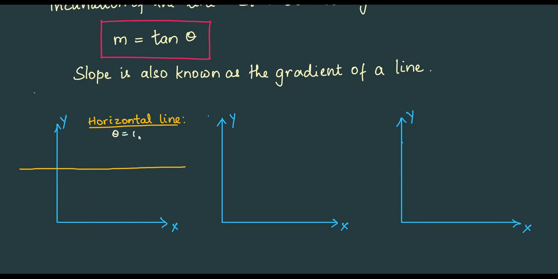Theta is 0 degrees. Slope m is tan theta. Tan of 0 degrees is 0. So tan 0 is 0. Okay.